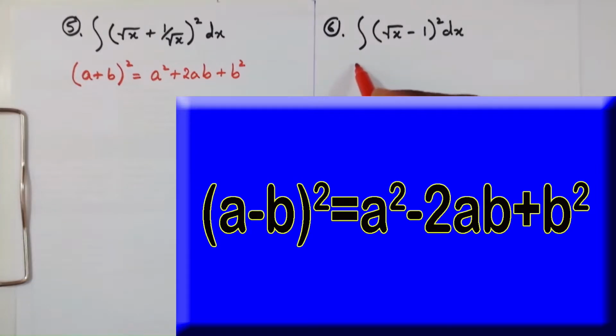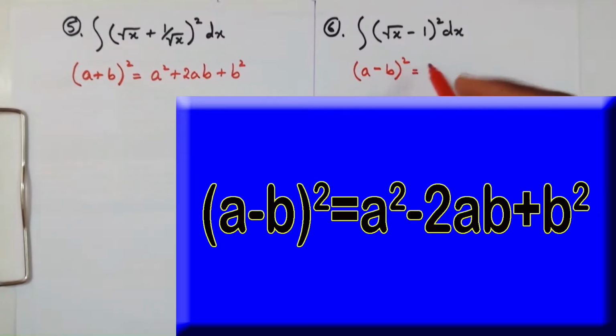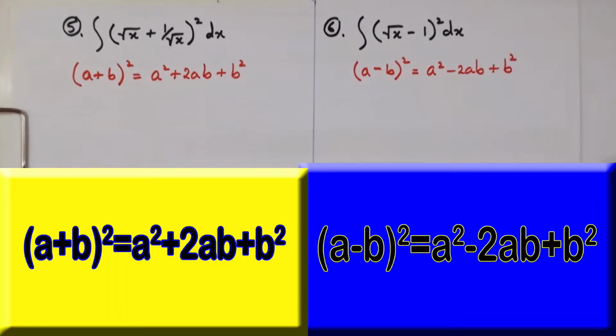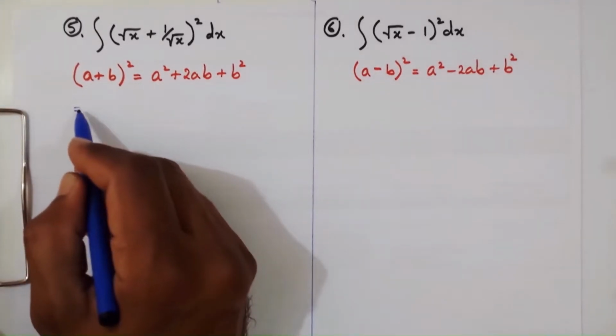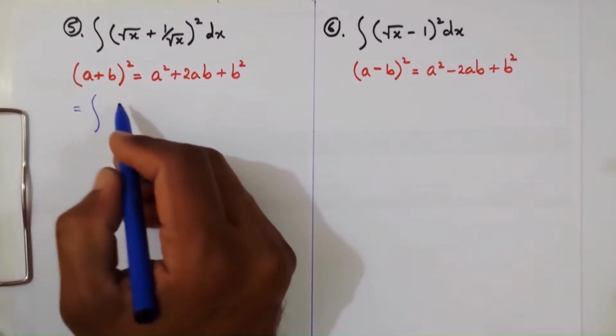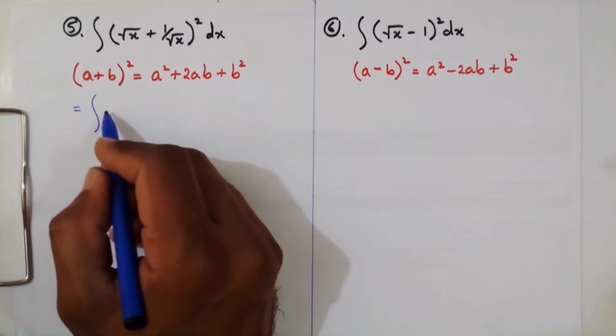And in this question we use the formula a minus b whole square will be equal to a square minus 2ab plus b square. Both are very basic formulae. So we expand these questions by using these formulas.